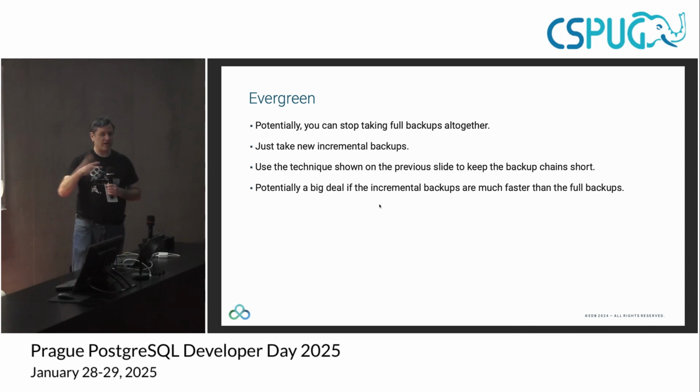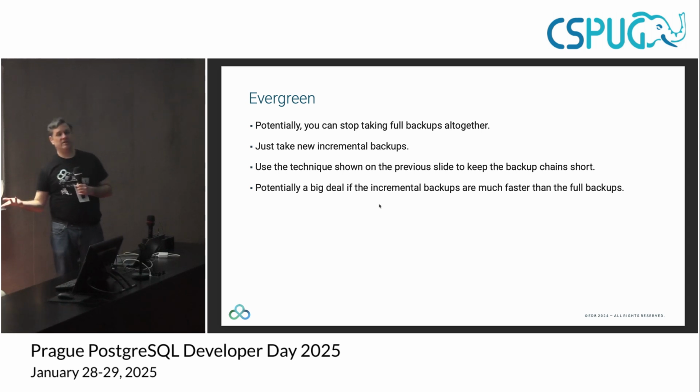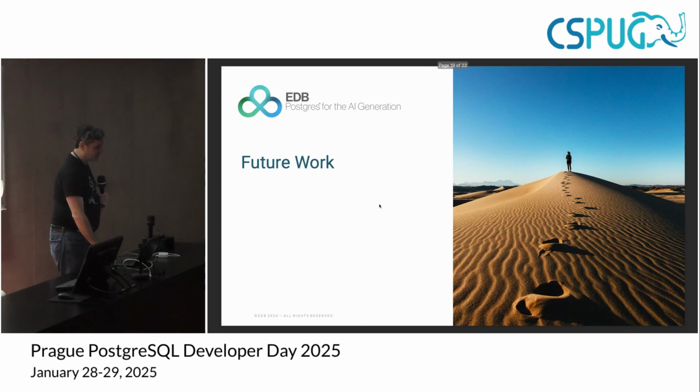Whereas if you were going to have to keep taking those very long, painful 20-hour backups from time to time, you might decide that this whole way of taking backups was not going to work for you, or maybe even that Postgres was not going to work for you. So I'm very excited by the potential here. Try it out, but maybe not on your most critical data yet.